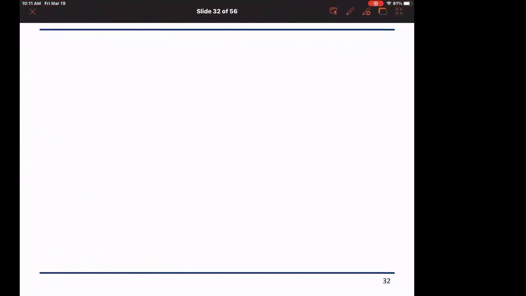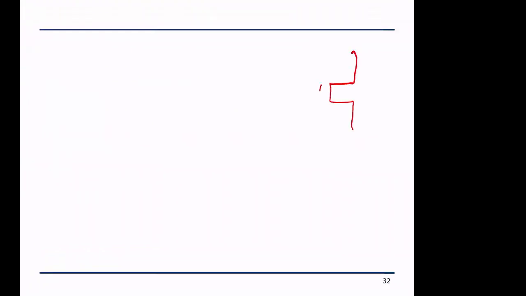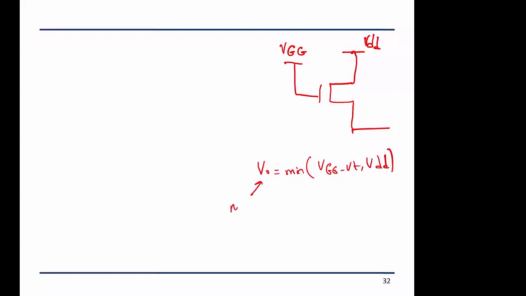Okay, so now if I have the same NMOS transistor, but I have this connected to VGG and this connected to VDD and the output, then based on the rule that we said, VO is going to be the minimum of VGG minus VT and VDD. And هذا maximum possible charging, صح? Charged value. So what do I set? If my objective is to hit VDD, what should I set VGG to?